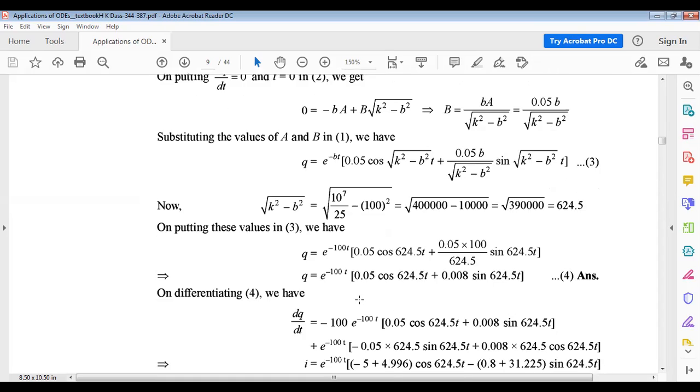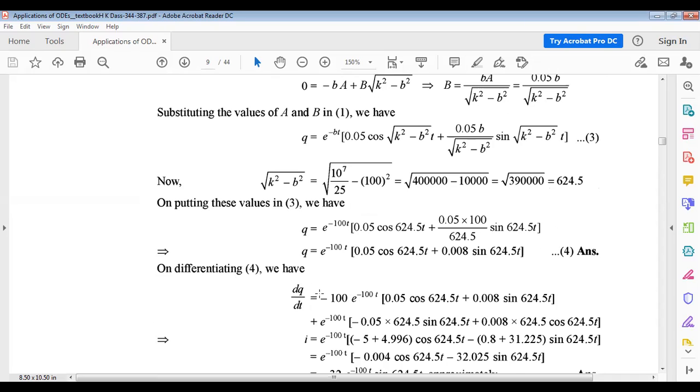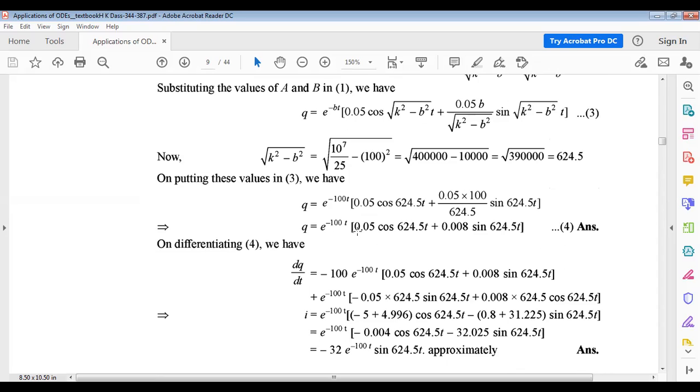Okay, and on differentiating dq by dt, differentiating this equation, we get electricity. Okay, using same what? Same formula, uv process. U into this whole u into b differentiation. This differentiation what? E to the power x formula, e to the power x, multiplying with the coefficient of t, minus 100.